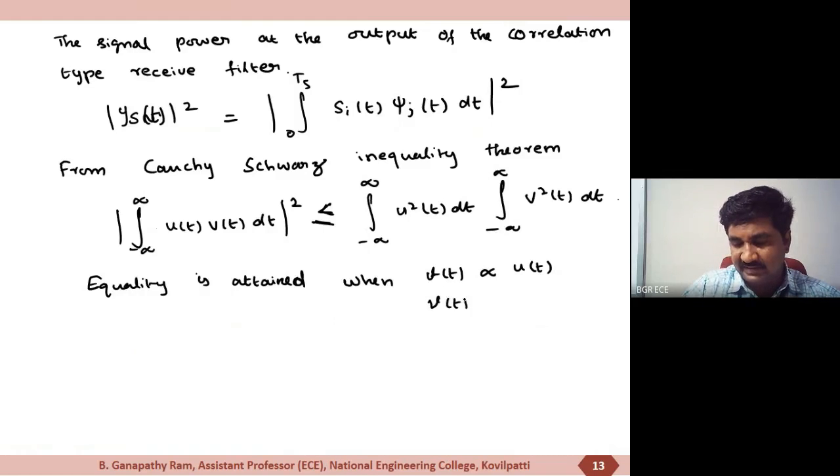That means v of t is equal to c into u of t, where c is a proportionality constant.